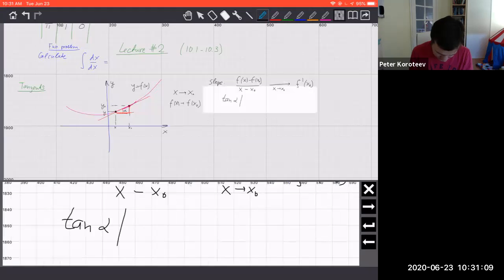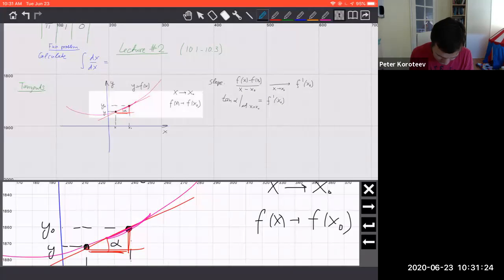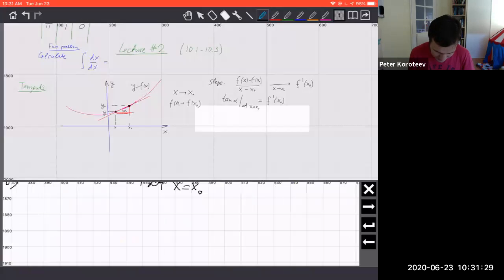at x equals x0 is equal to the value of the derivative of the function at that point, right? And then we know that the line passes through the point x0, y0.